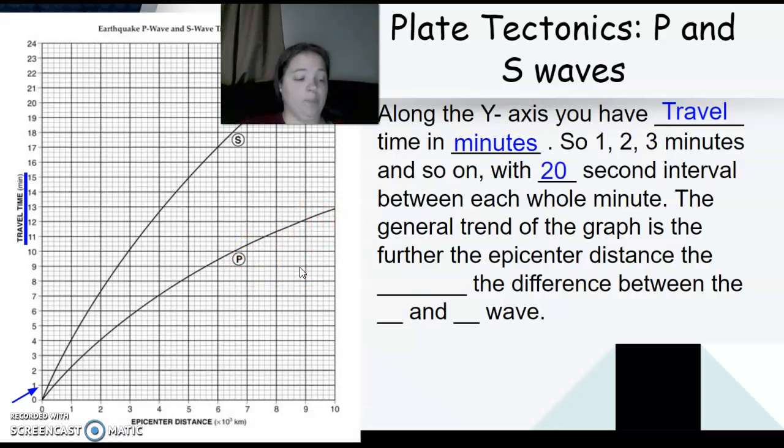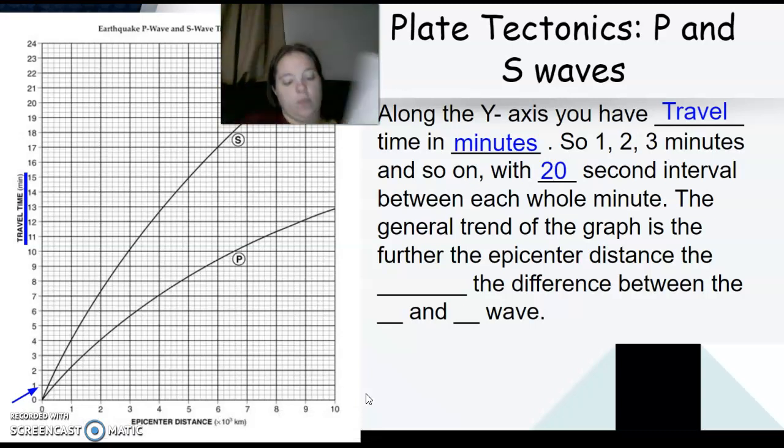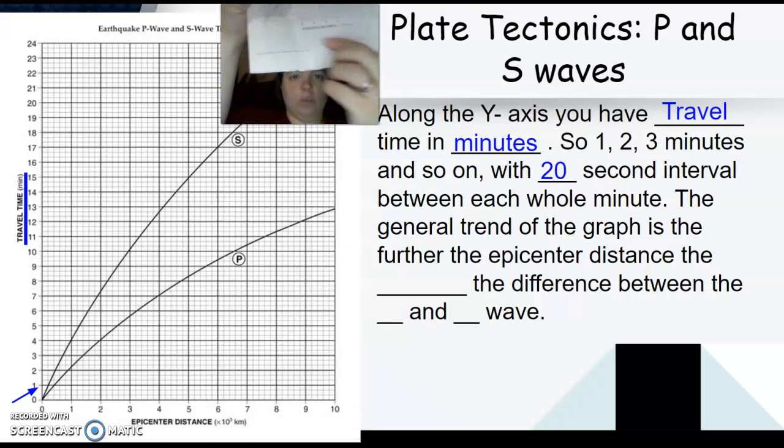between each whole minute. So here's what I'm going to suggest for you guys to do right now. I told you about the epicenter distance, how these are worth 1,000. On page 11, right here, like towards the bottom, I would write down right next to this 1,000. So you know that it's worth 1,000.